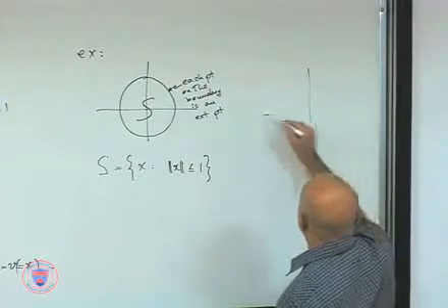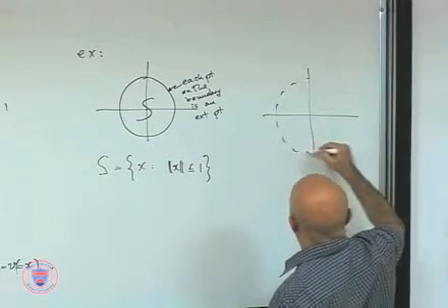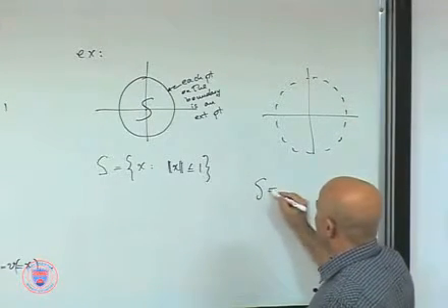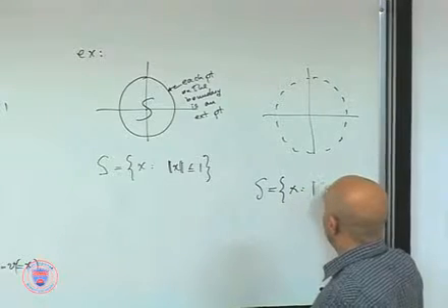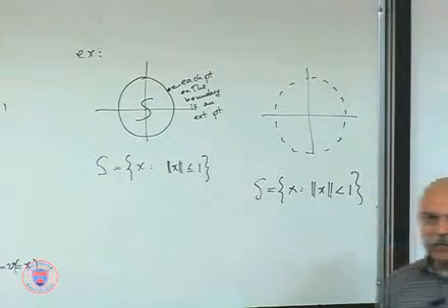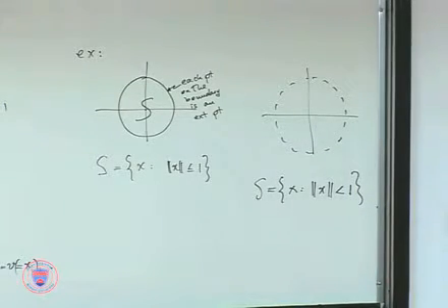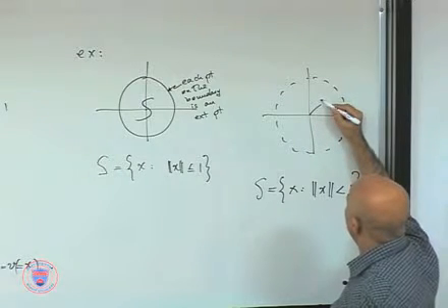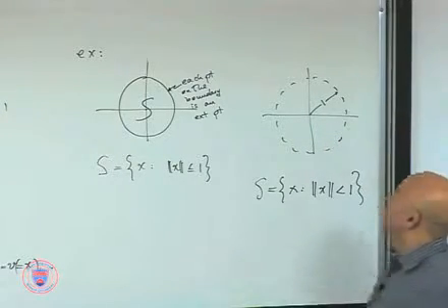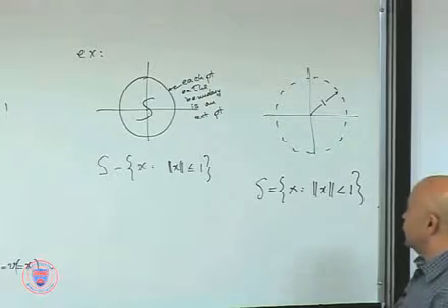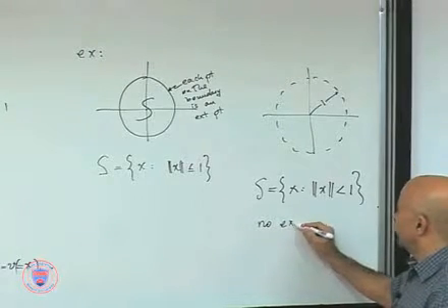Now, what about this set? In this case, your S is defined essentially the same way, except that the norm is strictly less than 1 rather than less than or equal to 1. So the boundary points are not included. Those points with radius being 1 are not included, whereas anything less than 1 is included. In this case, there's no extreme point.